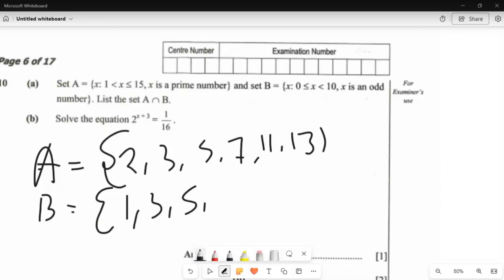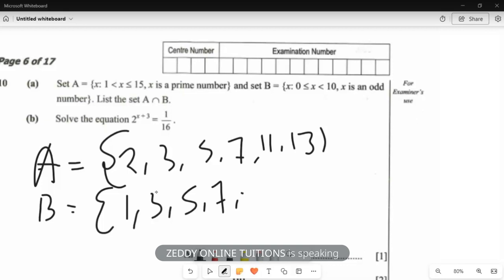Even 7 itself. And which other one? 9. Yes, 9 is also qualifying.